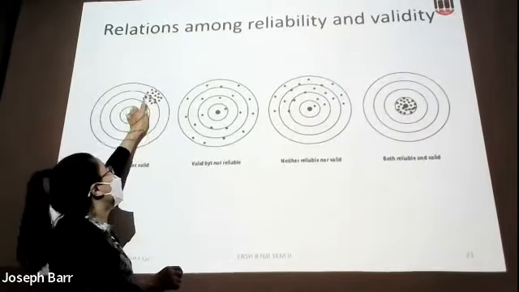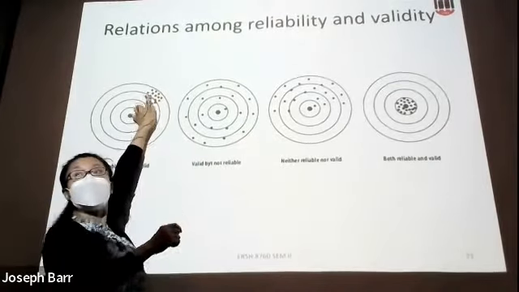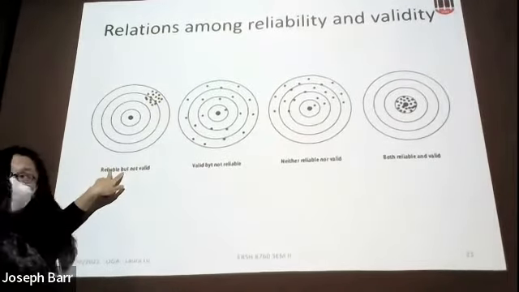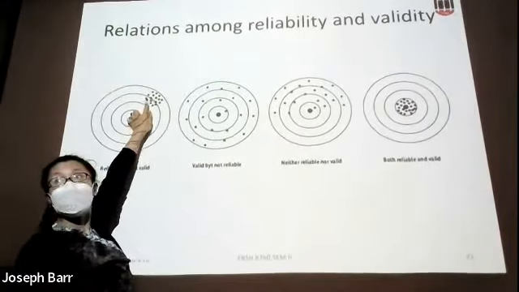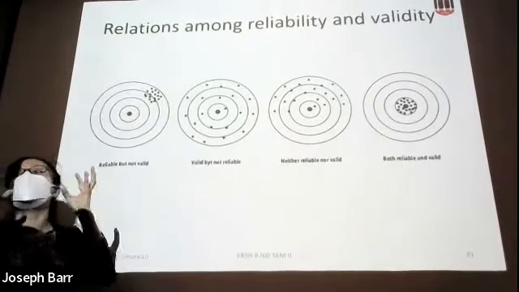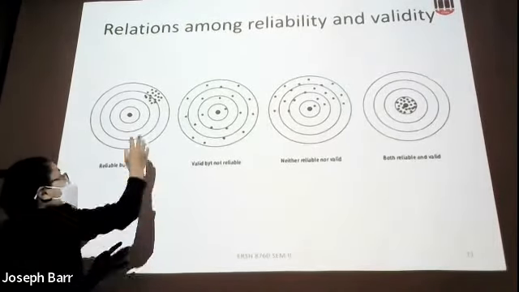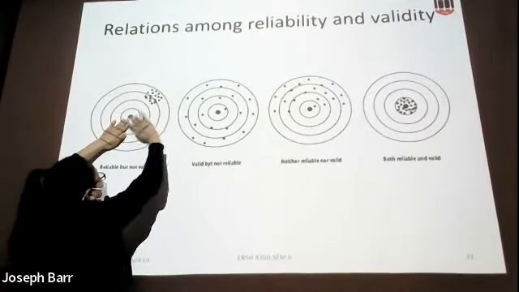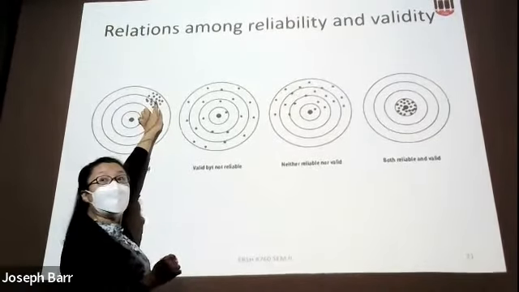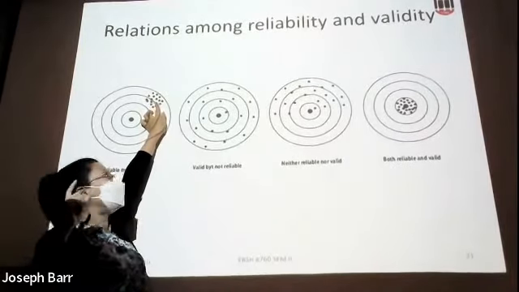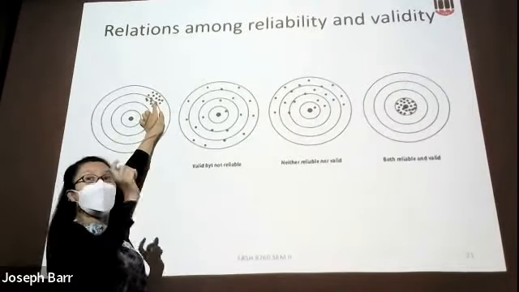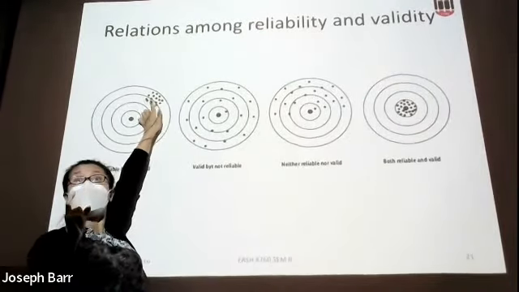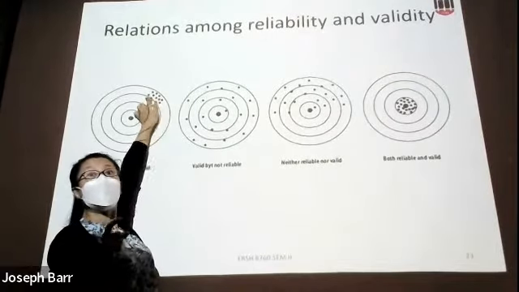Every time we measure this part, it's around this area. It's very reliable. It's always here. But it's not valid, because our goal is here, but we missed the target. We measure something here. But for your measurement tool, it's very reliable. Every time you get some score in this area.